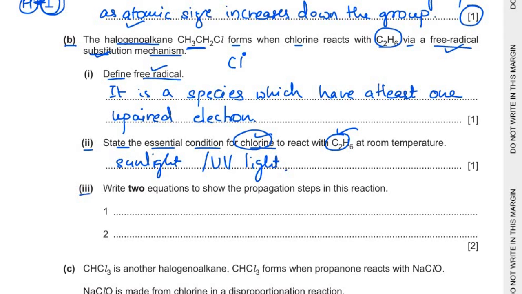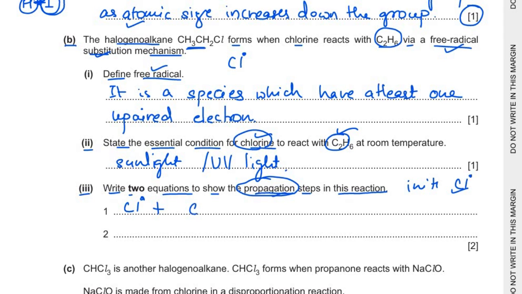Okay, the third part is: write two equations to show the propagation steps in this reaction. Now remember, they are asking for the propagation steps, so we don't need to write the initiation step where the free radical of chlorine is formed. We have to directly write the propagation step where the chlorine radical reacts further with ethane.